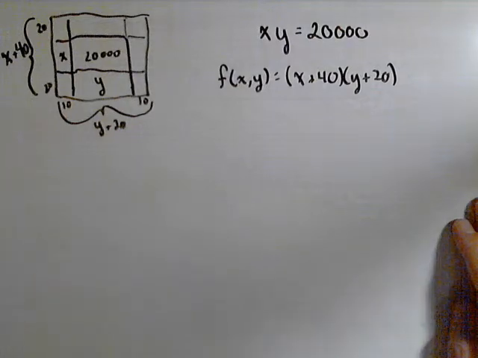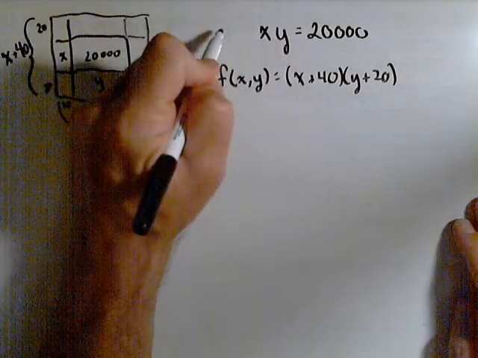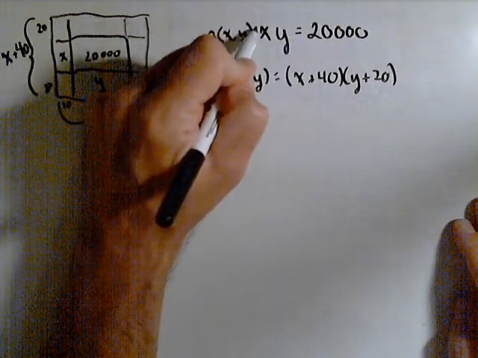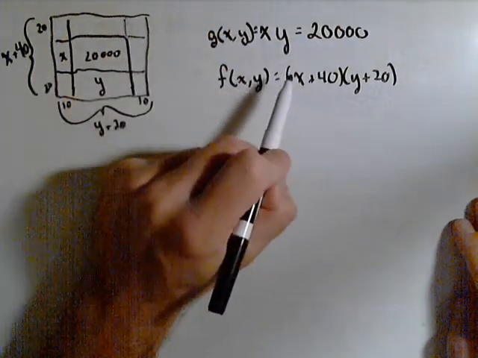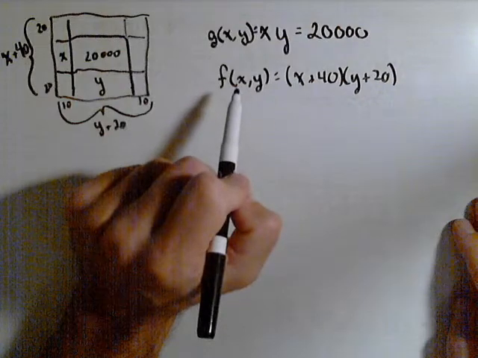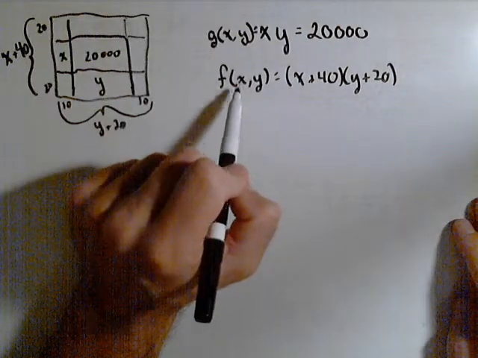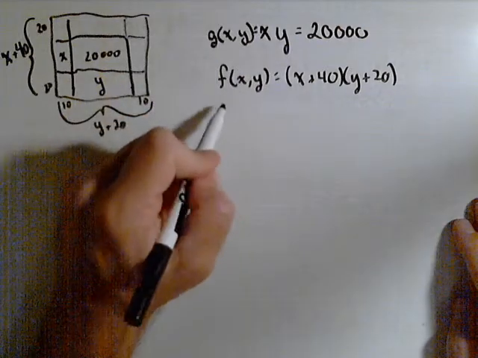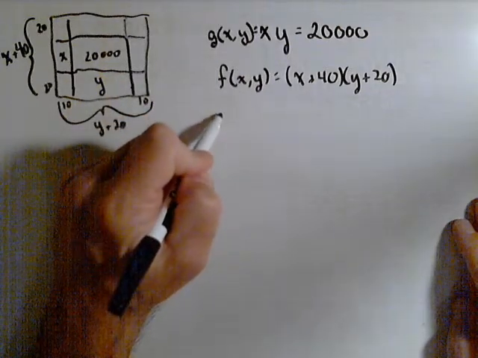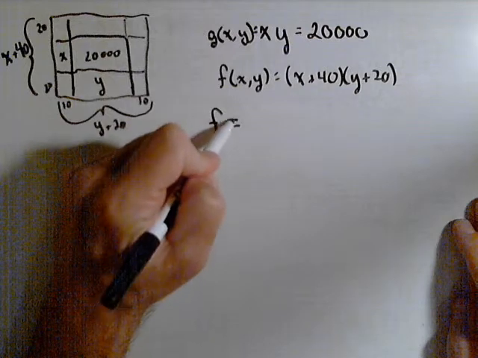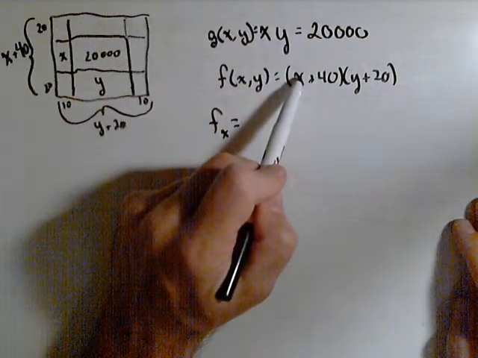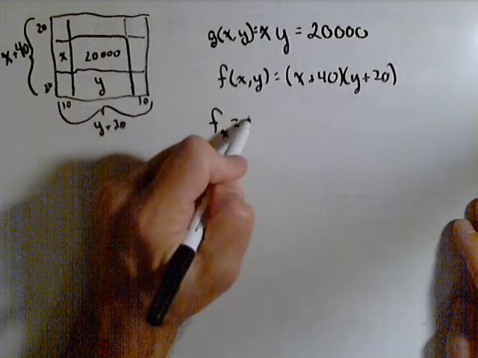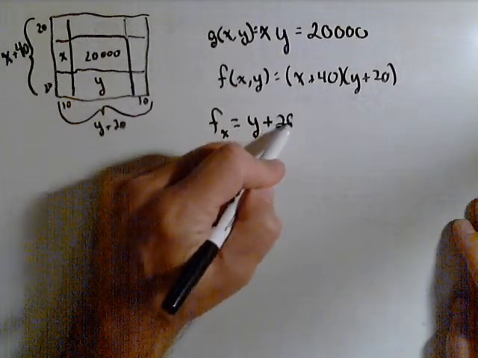So let's move this so we have some room to do some work. We'll call our constraint g of x, y. And so now we need our partials. First, if we want, we can go ahead and simplify this, but we can just say f sub x equals, well, the derivative of this is 1 and 0, so times that is going to be just y plus 20.